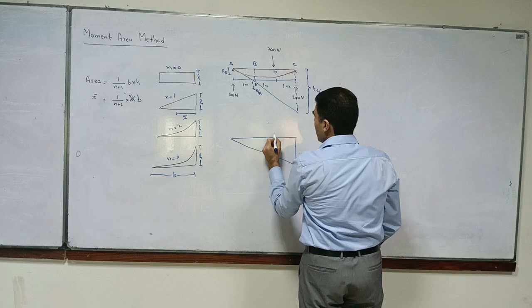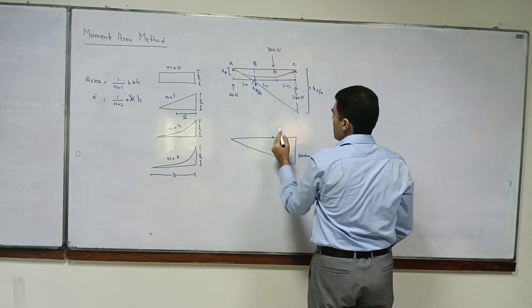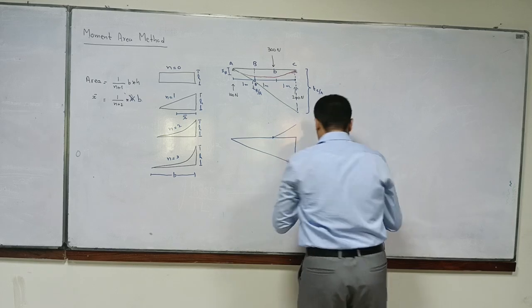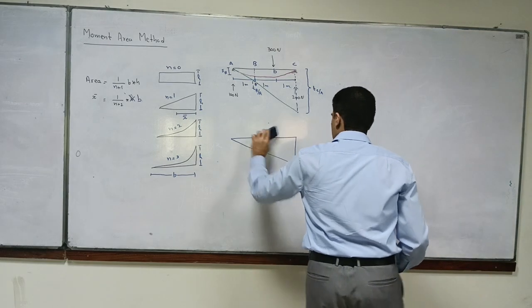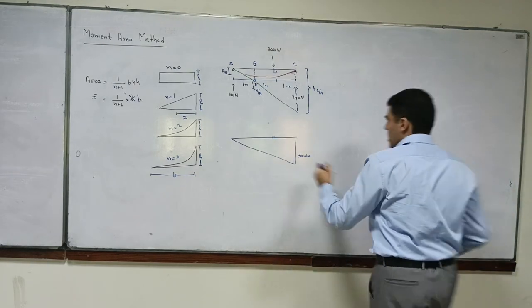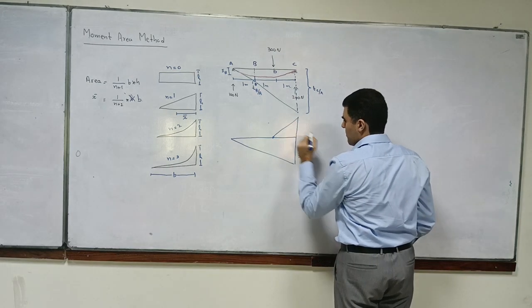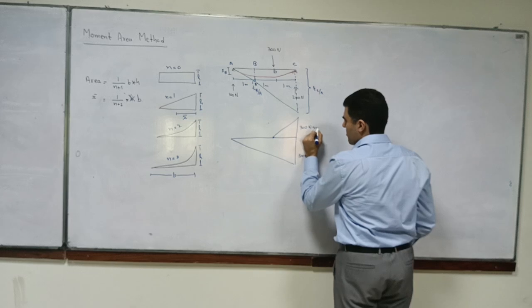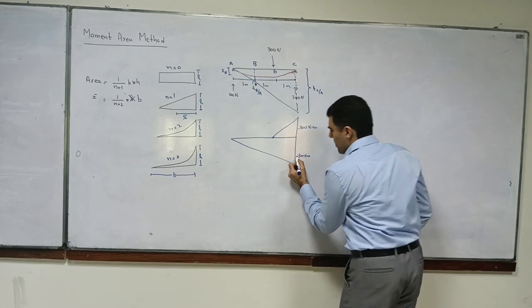And then we have 300 making 300 times 1. Sorry, this is plus.